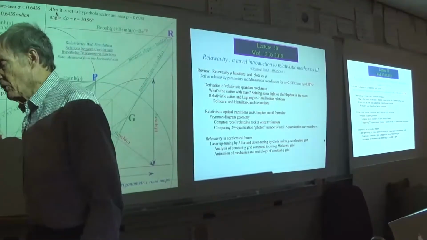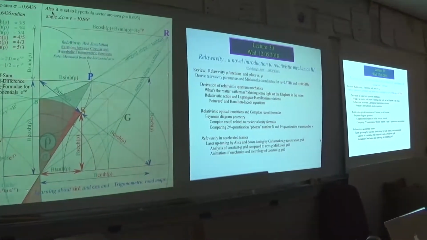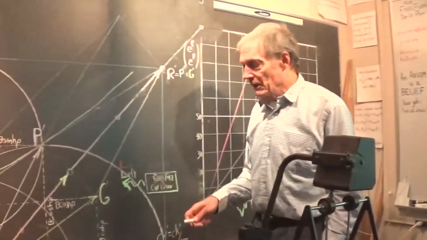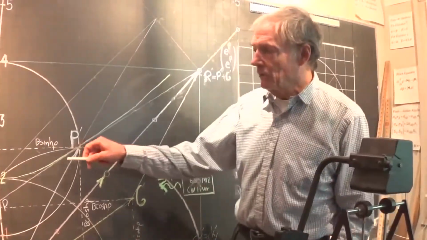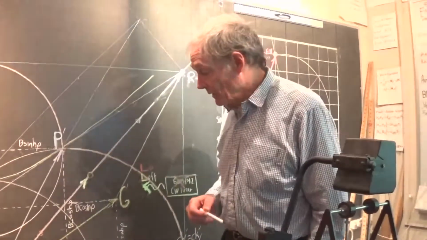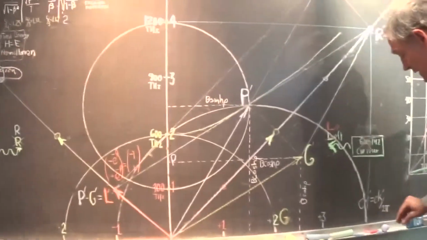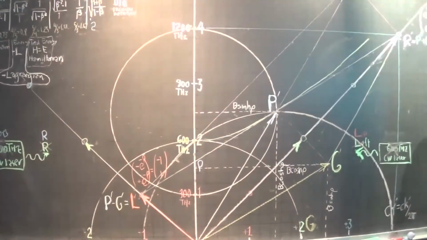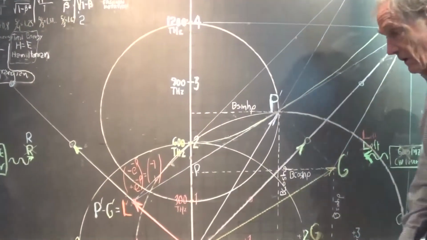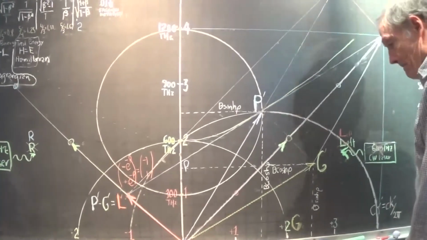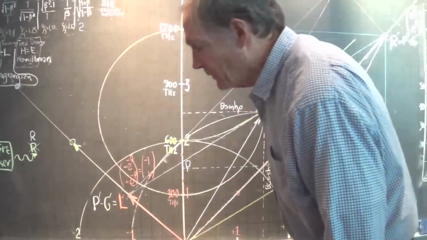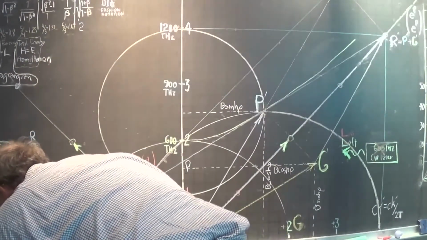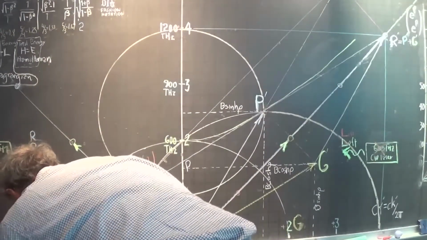Now, the one we did before is on the board here, and before we go any further, I want to make sure that you understand how to build a hyperbola using the Thales geometry, and that's a very key thing. Let's see if I can find the compass here. There's a compass here. That's what I'm looking for.